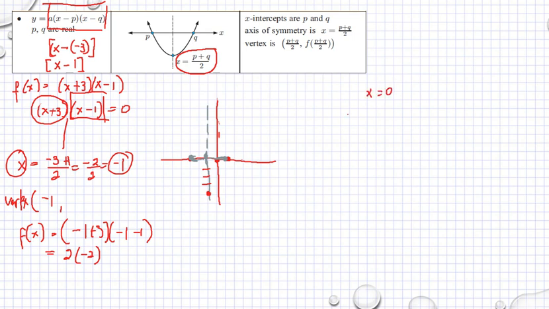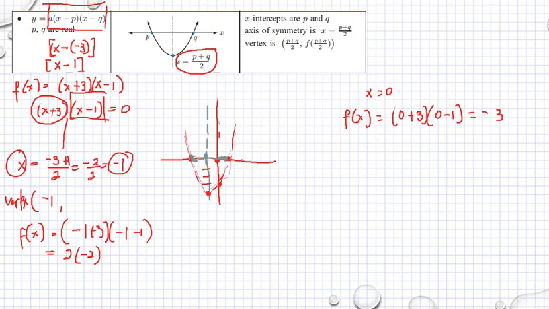So I have f of x equal to 0 plus 3, times 0 minus 1, which is negative 3. So it's here, negative 3. So I can sketch this.